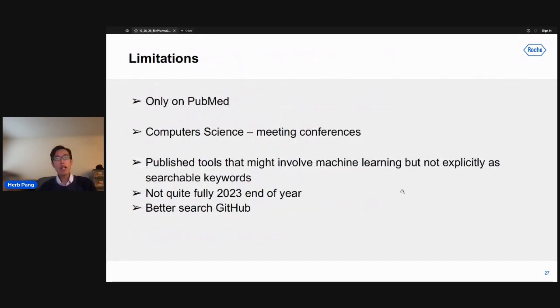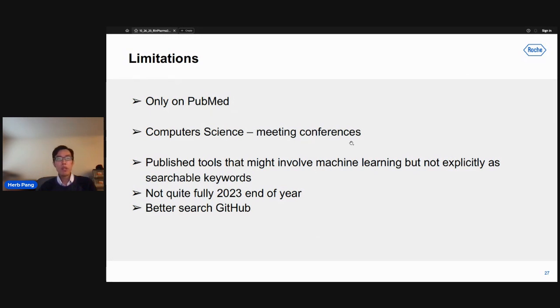Let's highlight some of the potential limitations of this work. As we saw early on, while PubMed is a good source and open access that everyone can easily search, it's certainly just one search database. Of course, we can improve on that by doing more work on additional databases.